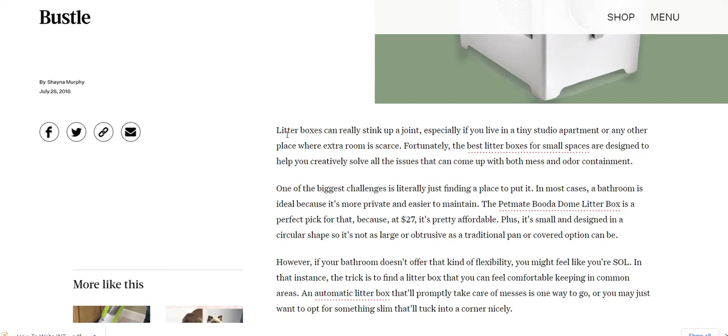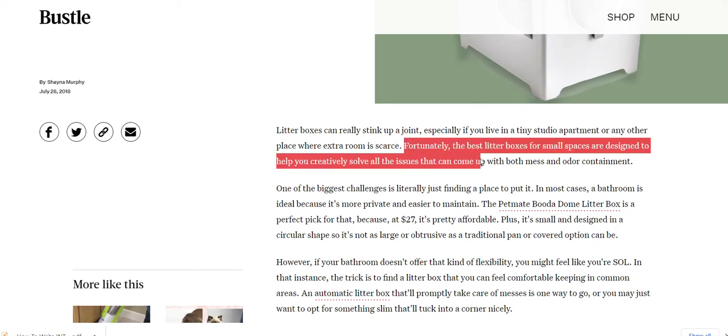In that one sentence, the introduction is pretty much done because you have identified and connected with the reader, so the reader knows that you're on the same page. They are under the impression that you understand their problem. You then make a promise. Fortunately, the best litter boxes for small spaces are designed to help you creatively solve all the issues involved.